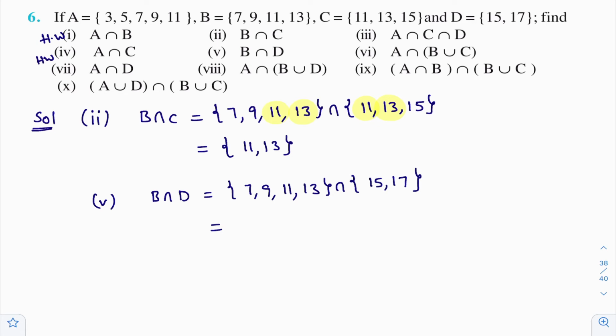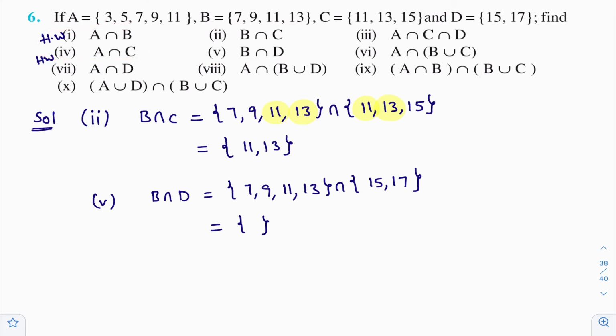You observe that. Is there any element common in both? Here 15 is there. 15 is not in the first set. 17 is not in the first set. So there is no element common in both the sets. In that case, we will write that their intersection is the null set, because there is no element in common. So we completed these 4 bits. I request you to please try this first bit and fourth bit.